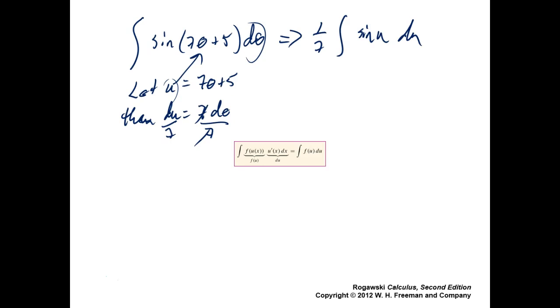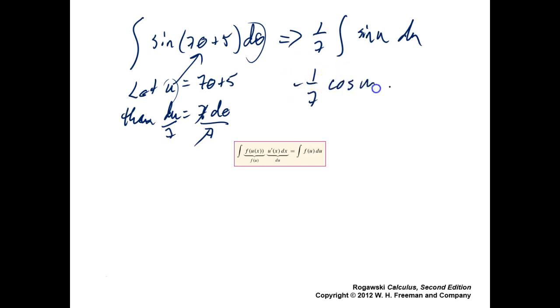Now that is an integral. Can we do anything with it? It's the antiderivative of sine u. Knew that I was going to ask that, didn't you? Would it be negative cosine? Got it.